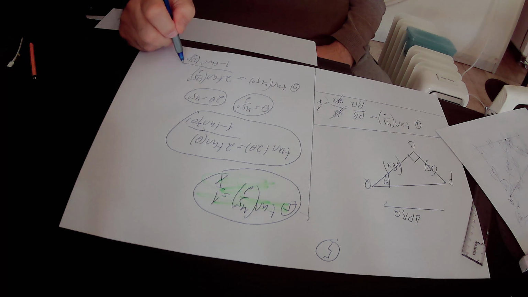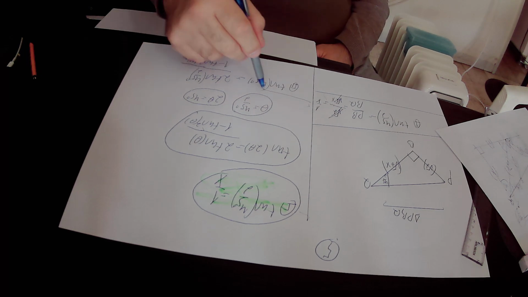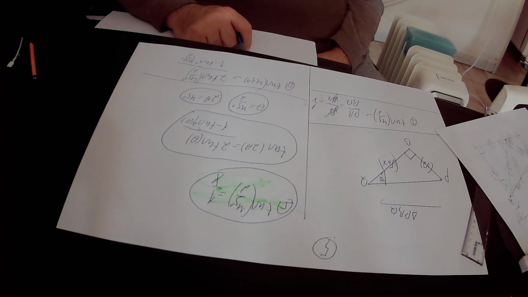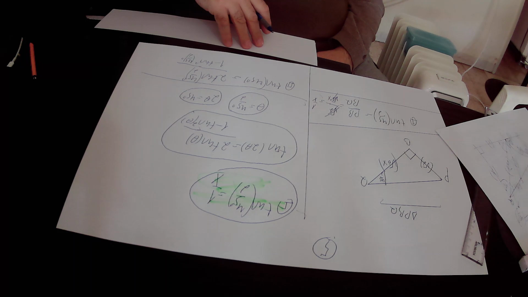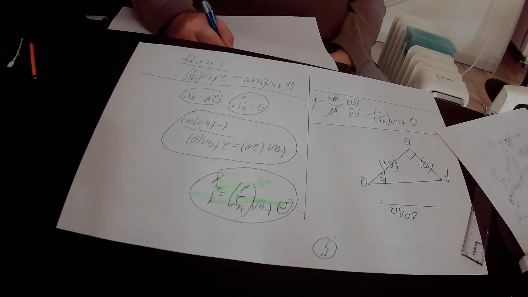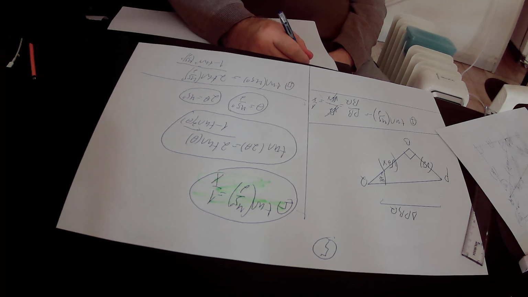So in conclusion, according to equation number 2, tangent 45 degrees equals 2 times tangent 45 over 2 degrees over 1 minus tangent squared 45 over 2 degrees. In the next step, we will define tangent 45 over 2 degrees as t.